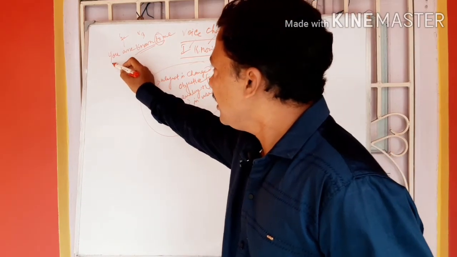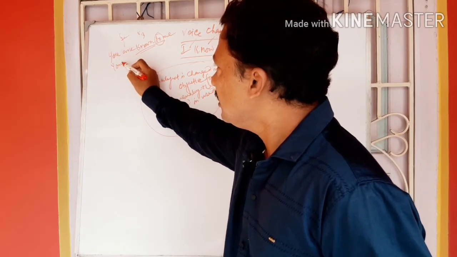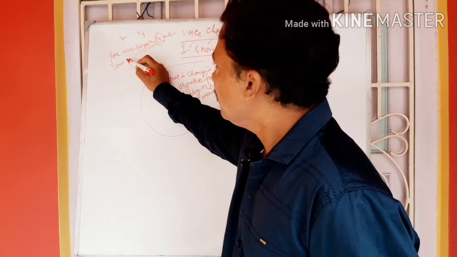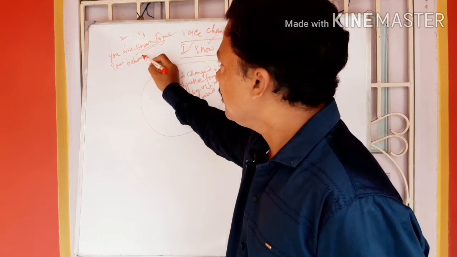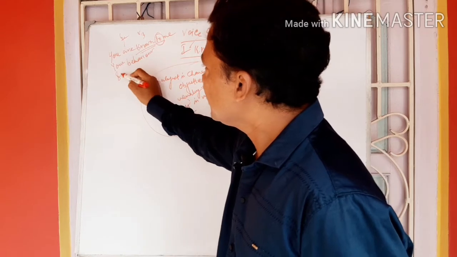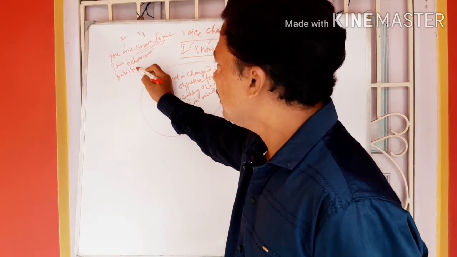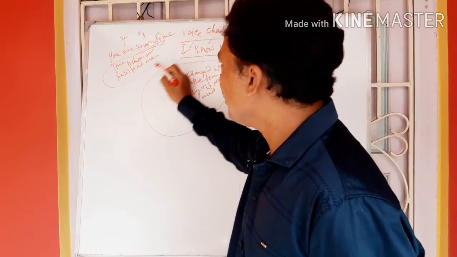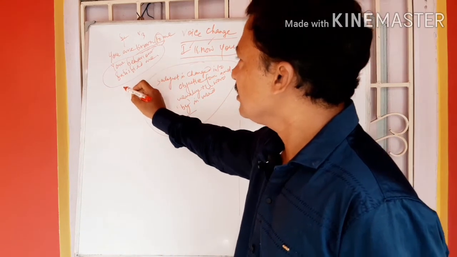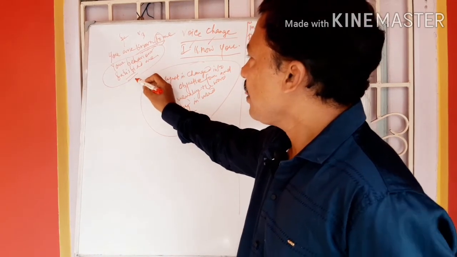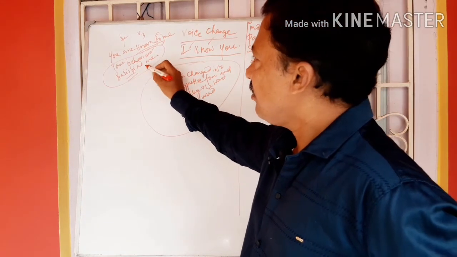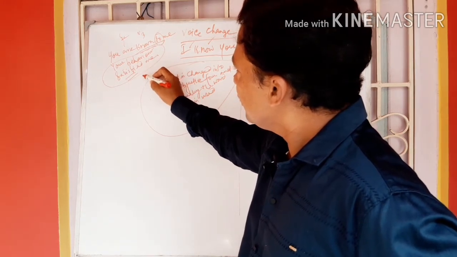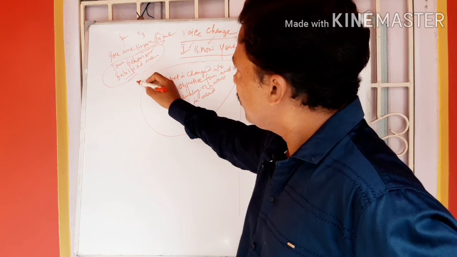And in a similar way, your behavior satisfies me. This sentence will be changed into passive voice, and this satisfied will be followed by with.